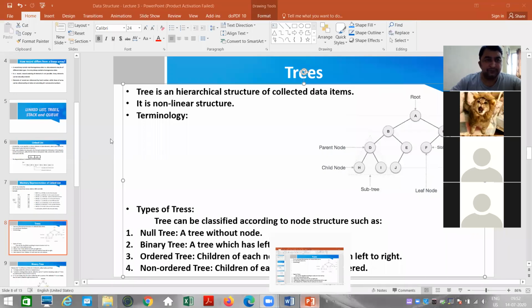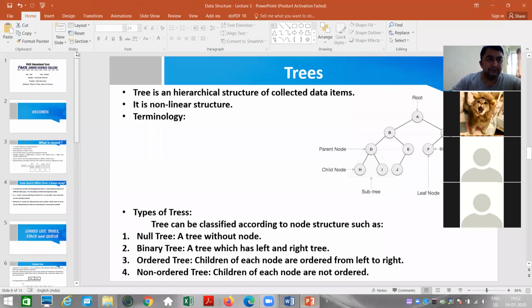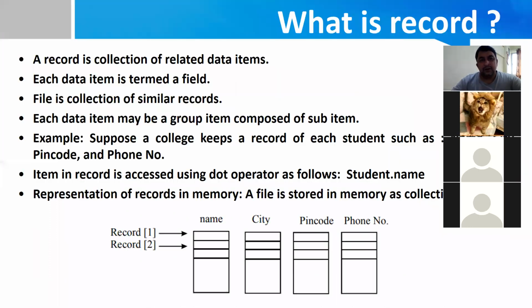Let's see how you have to represent it on the board. Right. So a record is a collection of data values, and each value is said to be a field, and the file is said to be a collection of similar records.